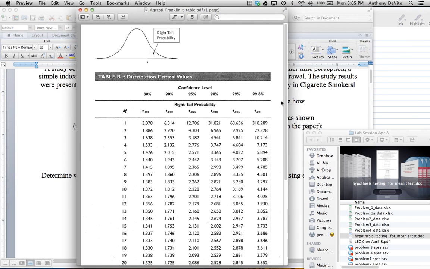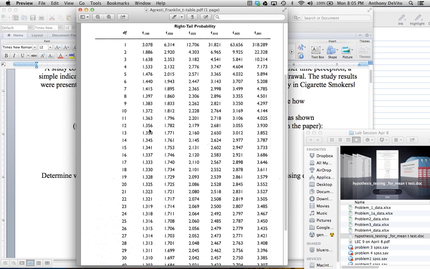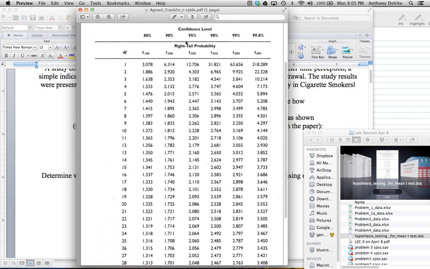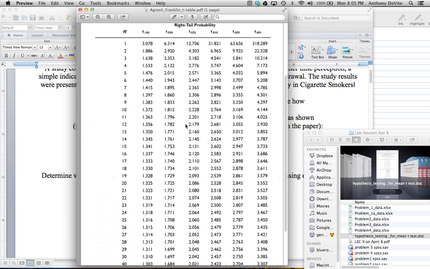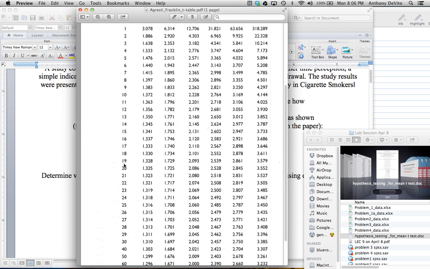Here's a t-table from the textbook. Our number of degrees of freedom is going to be equal to our sample size minus 1. The t-score that we want for a 95% confidence interval is going to be this column in the middle. And 19 degrees of freedom is going to be equal to 2.09. I'm going to round it off for our purposes.